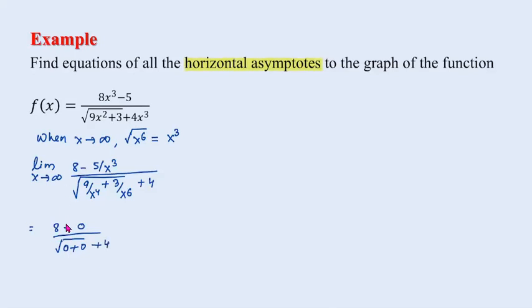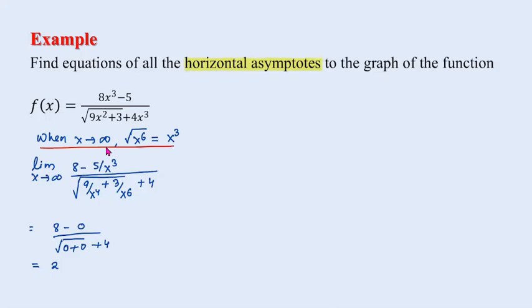Ultimately we are getting 8 divided by 4, which is equal to 2. So that is the limit when x approaches infinity. That was the first case.